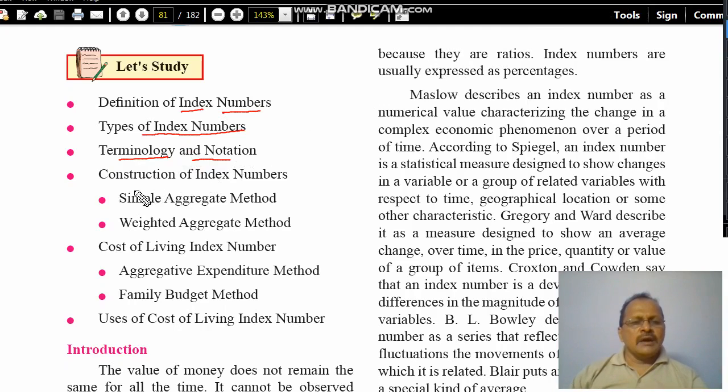We will see how the index numbers are constructed: simple aggregate method and weighted aggregate method. Then we will see the cost of living index numbers, aggregate expenditure method and family budget method, and lastly we will see the uses of cost of living index number.